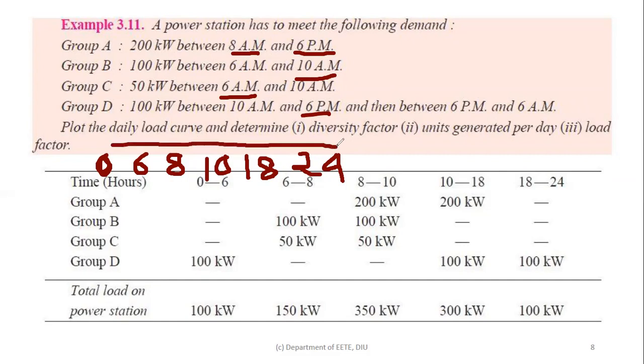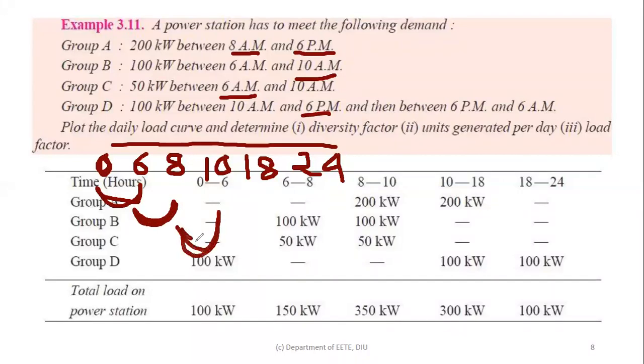Now I will divide using these. The first zone will be 0 to 6. The second zone will be 6 to 8. The third zone will be 8 to 10.